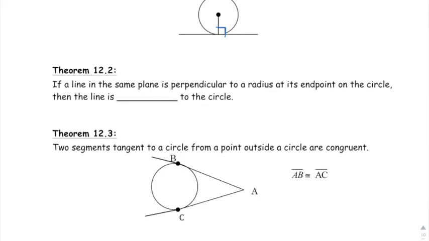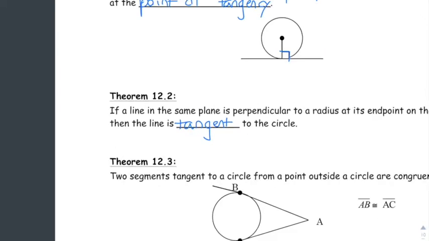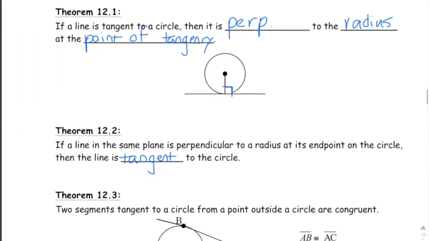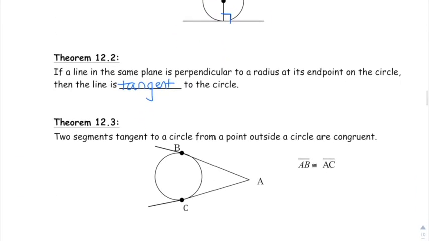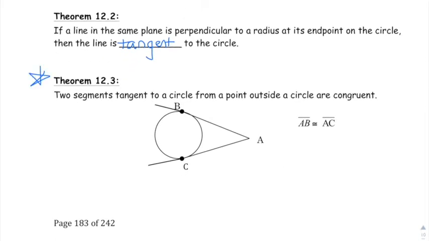Here's another theorem. If a line in the same plane is perpendicular to the radius at its endpoint on the circle, then the line is tangent to the circle. So it's basically the converse of what we had before. Here's one that we use quite a bit. Two segments that are tangent to a circle from a point outside the circle are congruent.